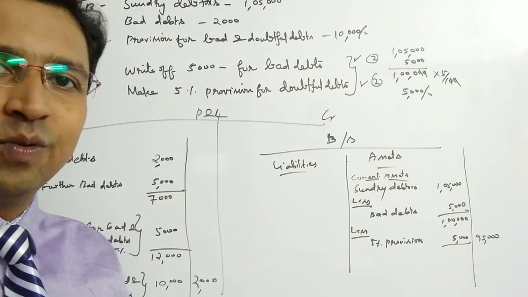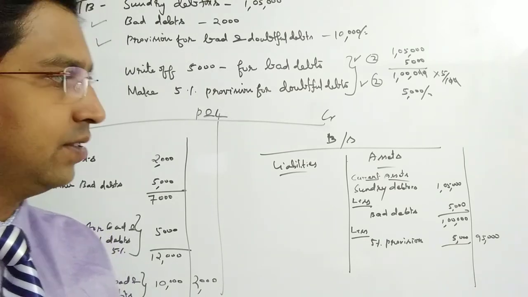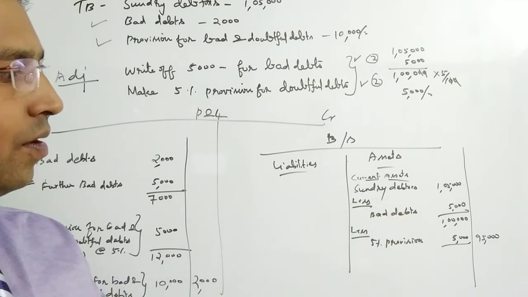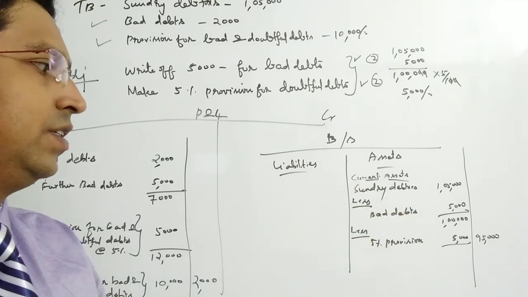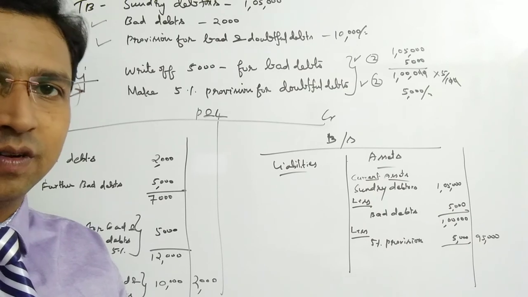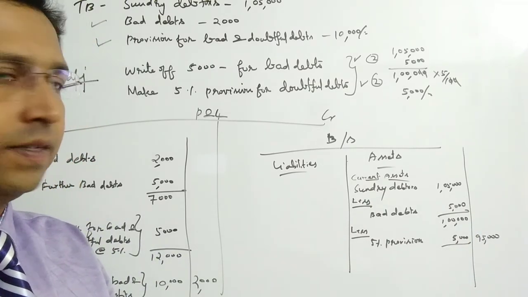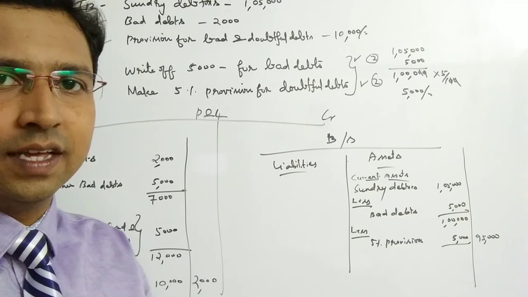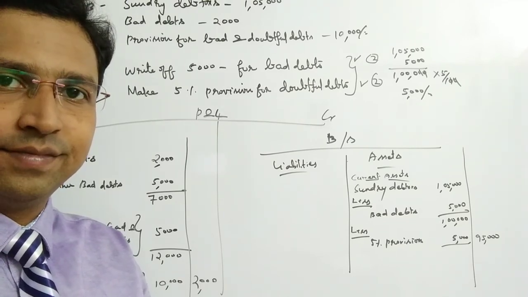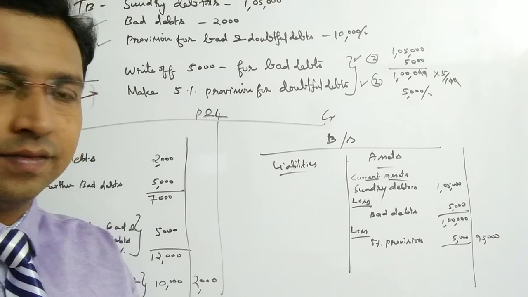This is the good debt, because we have subtracted the bad debts and also the doubtful debts provision, and this is the good debt value that we are surely going to receive by the next financial year. I hope you get it.